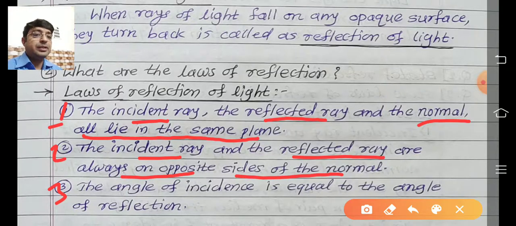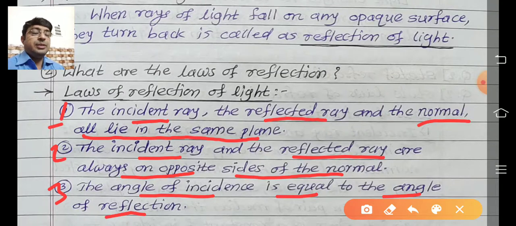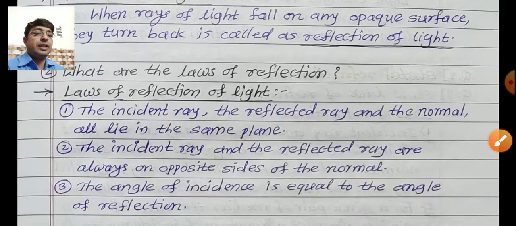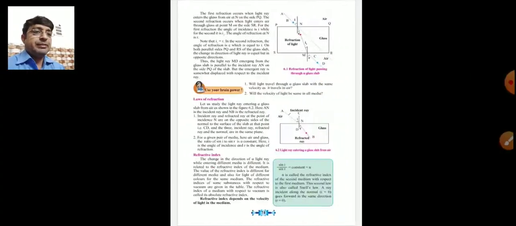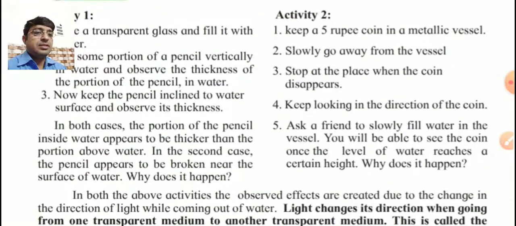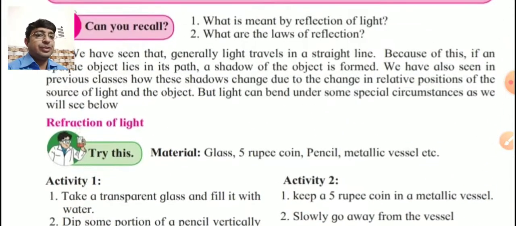And third point: the angle of incidence is always equal to the angle of reflection. All these three points together are called the laws of reflection of light. So these are the two revised questions given for us on the first page.